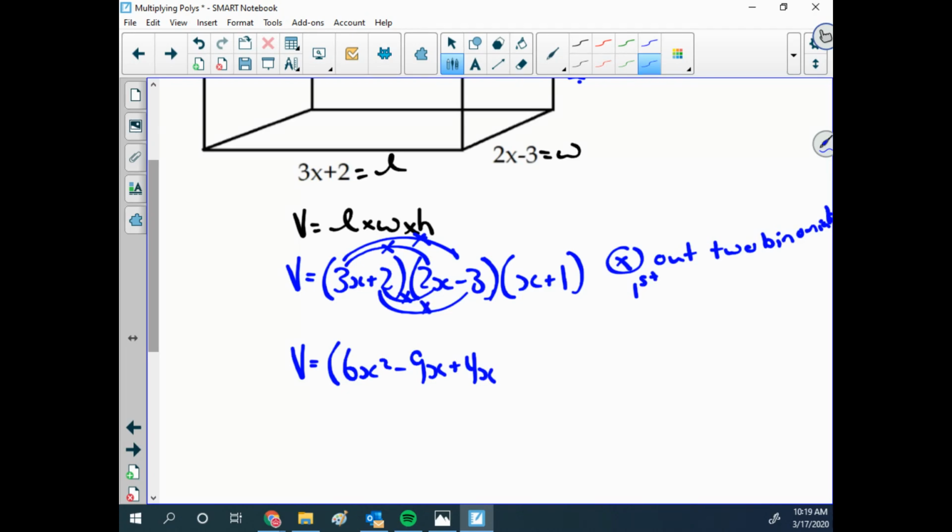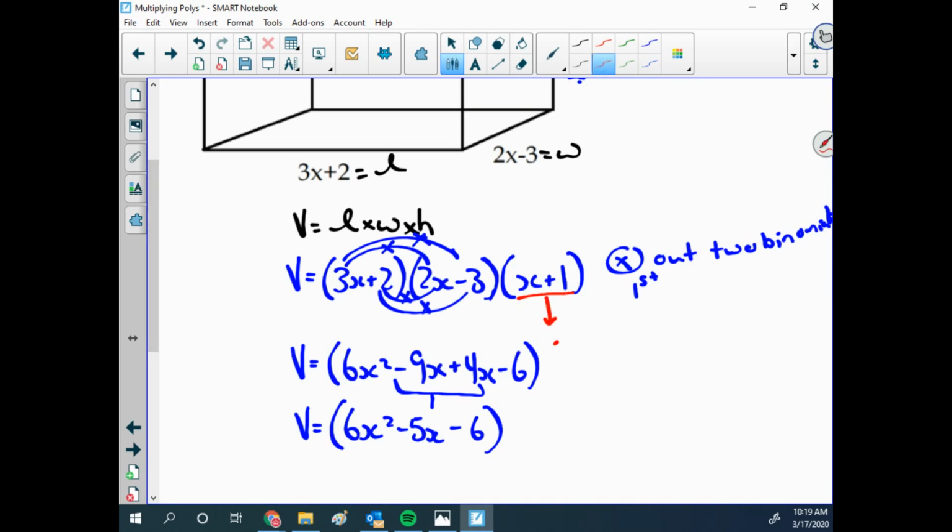And 2 times negative 3 gives me a negative 6. And so I will simplify that to give me 6x squared minus 5x, that's what this would combine to be, minus 6. So that's the first set of binomials multiplied out. This x plus 1 I haven't really touched. I'm just going to keep bringing it down. So x plus 1 and x plus 1.